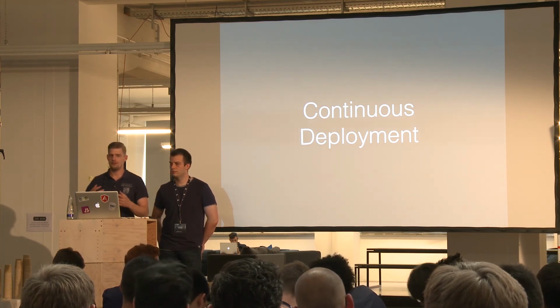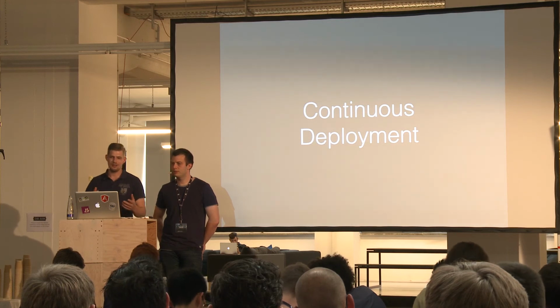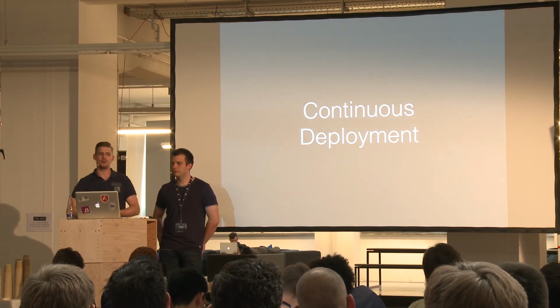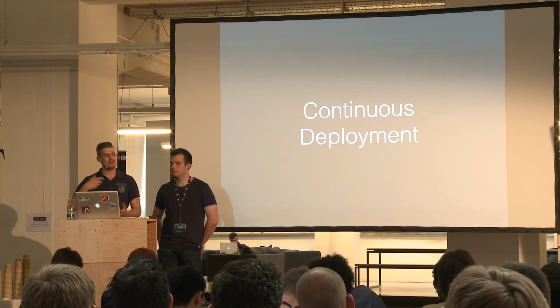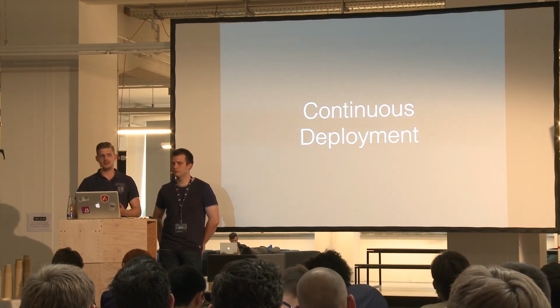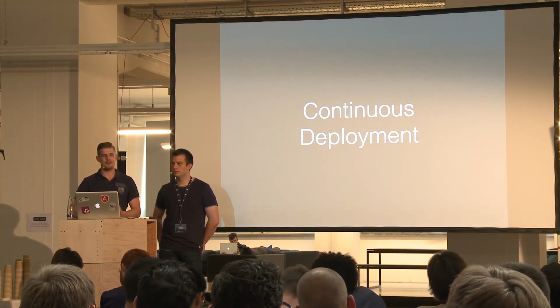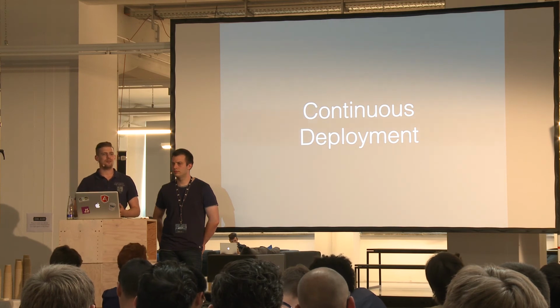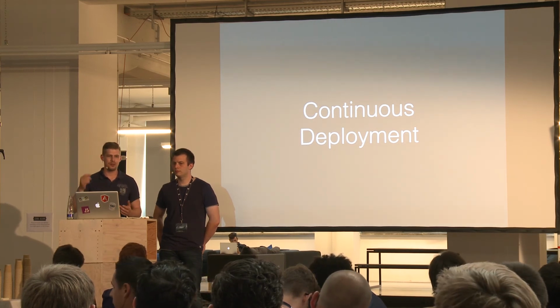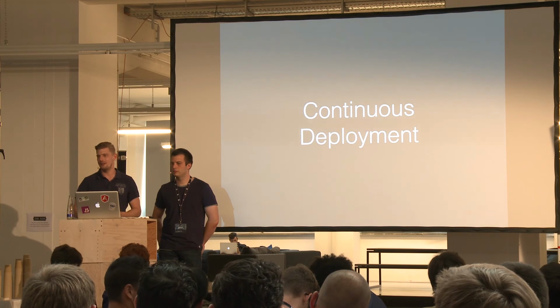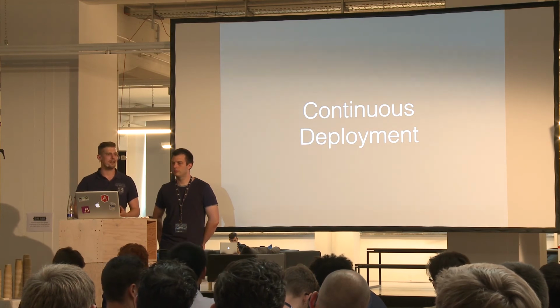You should set it up as soon as possible so that deployment is as fast as possible and needs not much effort. For example, you can do it by a mouse click, or it's automatic by itself.